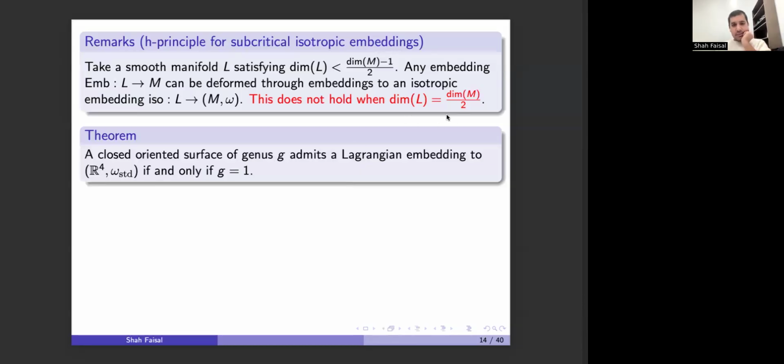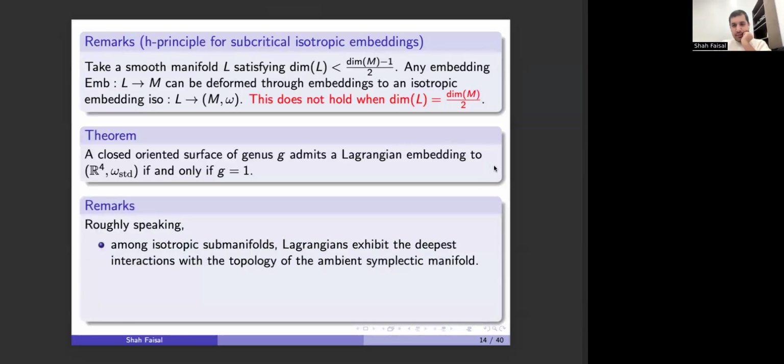What I want to say through these two statements is the following. Among the isotropic submanifolds, Lagrangians are the submanifolds that interact with the topology of the ambient symplectic manifold, because the others are purely topological, they don't care much about the ambient structure.